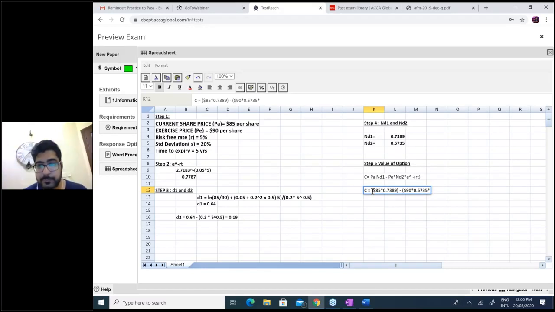Times e, 2.7183 to the power minus RT, 0.05 into 5. Okay, you get the call option value through BSOP.